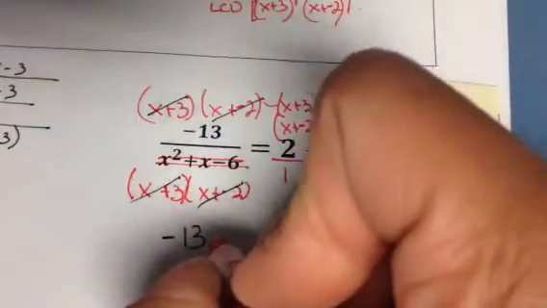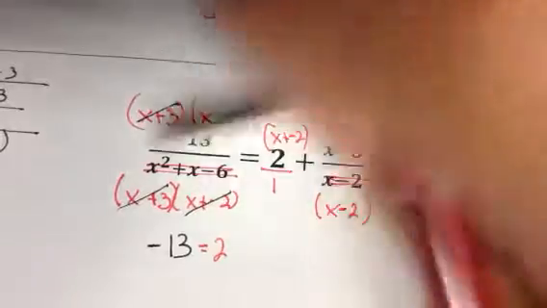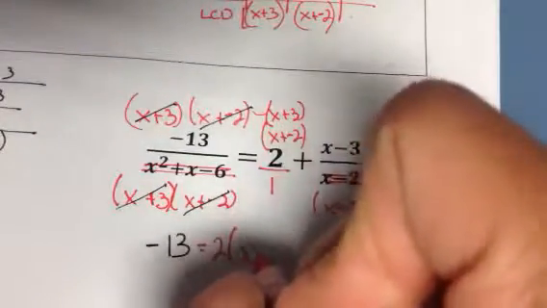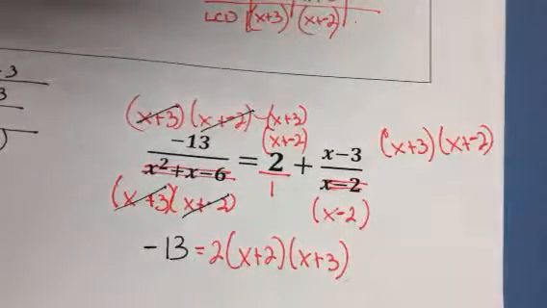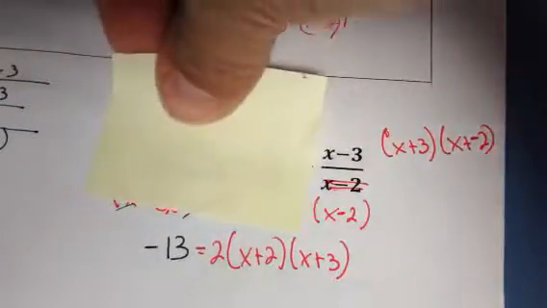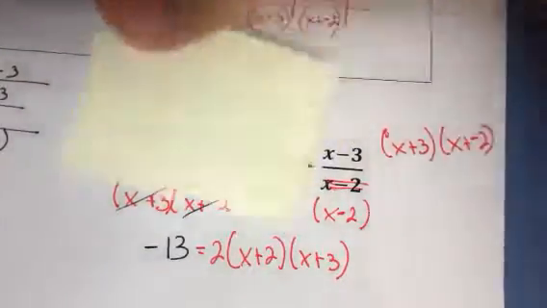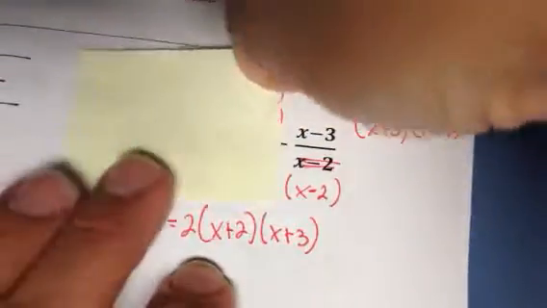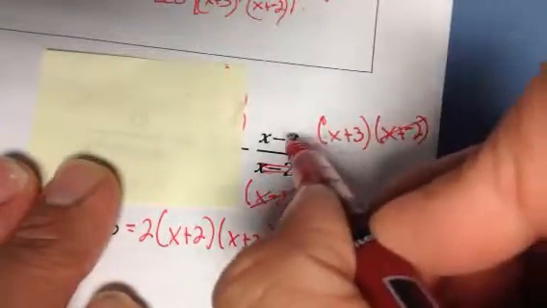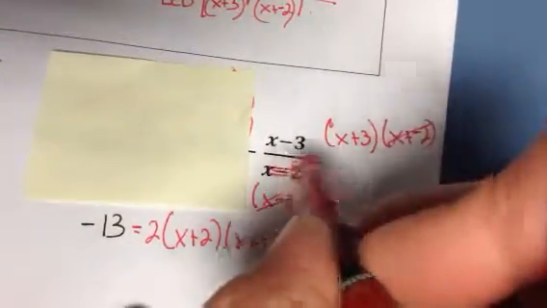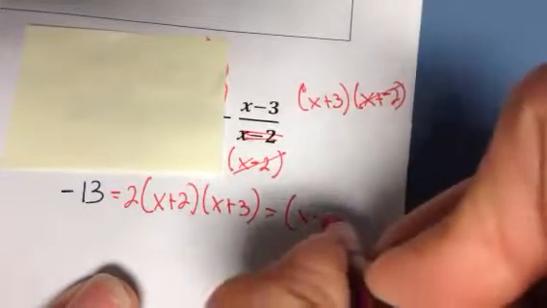So for now, I'm just going to write them down: 2, and the x plus negative 2, and the x plus 3. And then in my last fraction, this x minus 2 will take out this. So I'm left with x minus 3 and x plus 3.